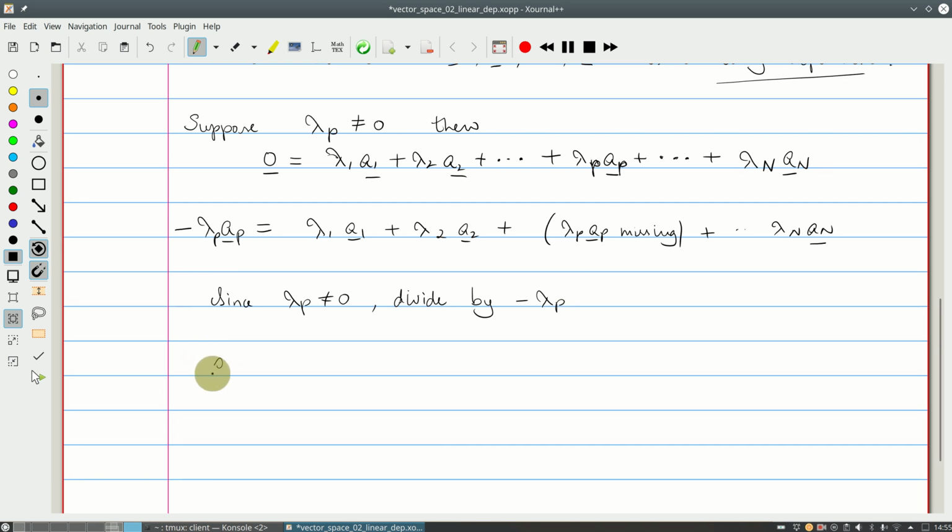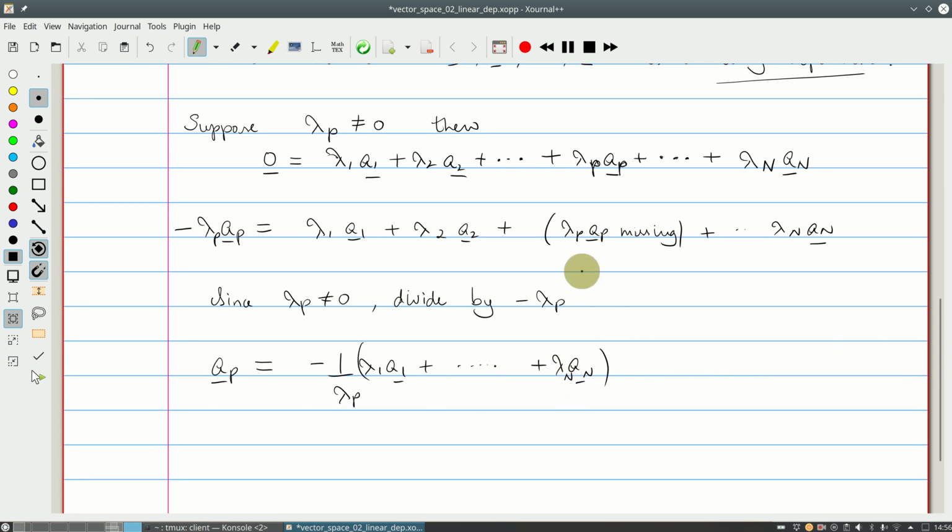So this gives us a p is equal to minus 1 over lambda p times lambda 1 a1 plus all the way to lambda n a n, where once again we note that lambda p a p is missing from the sum.